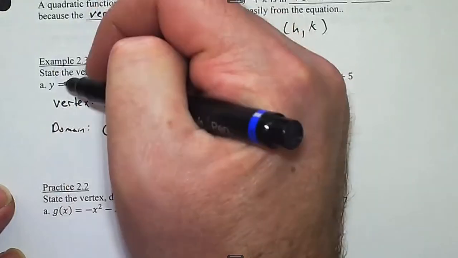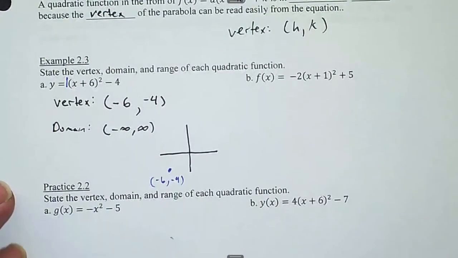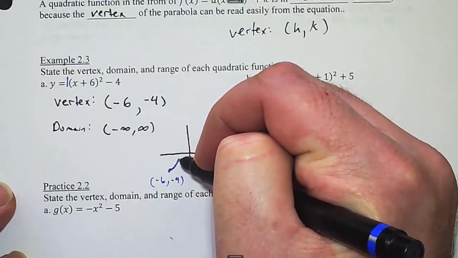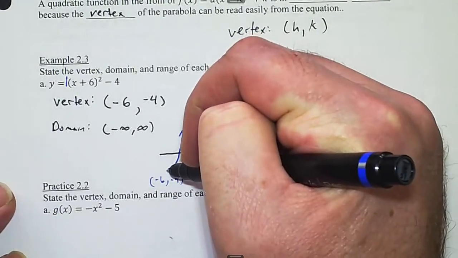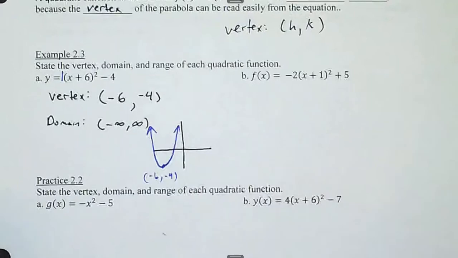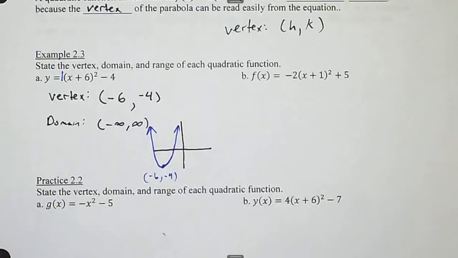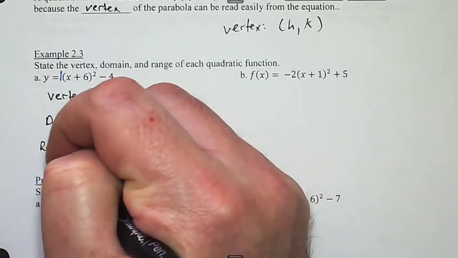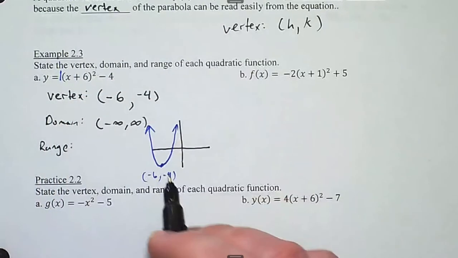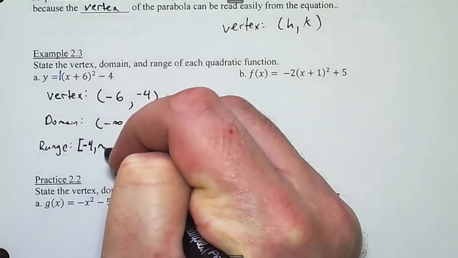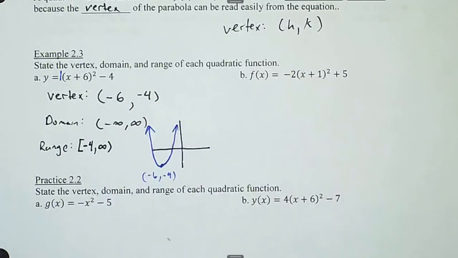The number here, what we call the A, is a positive 1, meaning that the graph is going up 1 over 1 and up 1 over 1 on both directions, meaning the graph goes like that. So you can see the y values are going upwards when the A is positive. So my range has a lowest value of negative 4, the y coordinate, and a highest value of infinity.